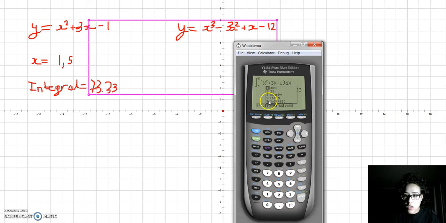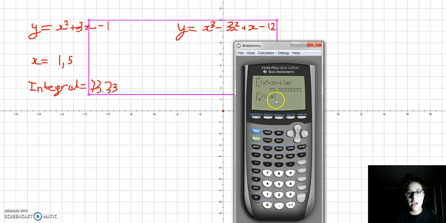If we look here, we can use our buttons to get down to F and INT, or we can just press number 4. Just like before when we went to math and found F and INT, INT is once again the integral. Then we're just going to press enter.